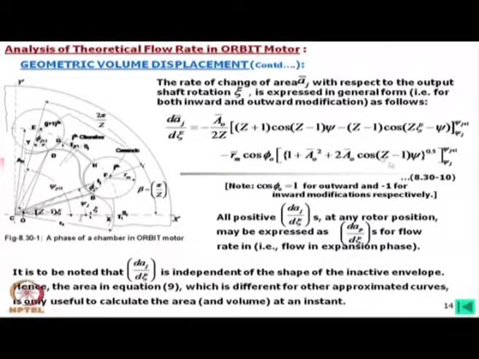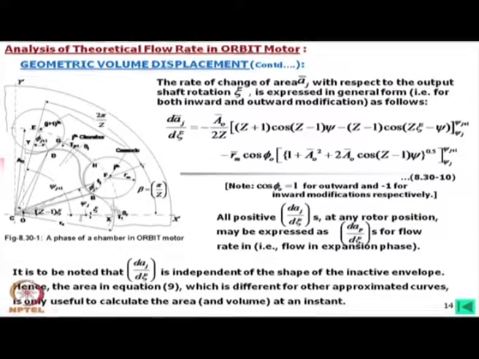So, this formula is independent of this area, whatever it might be. Whatever the area in equation 9, which is different for other approximated curves, is only useful to calculate the area and volume at an instant.